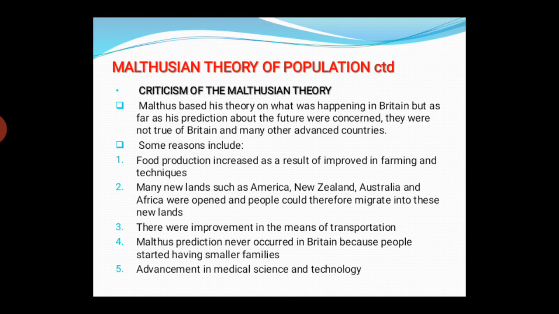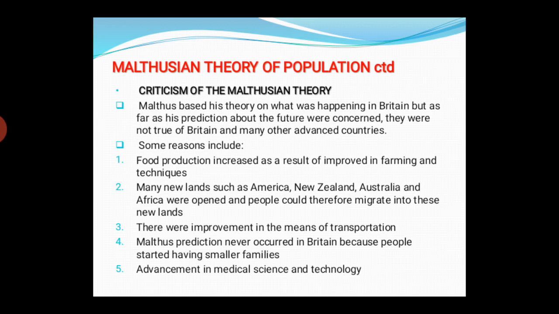One, food production increased as a result of improvement in farming techniques brought about by the Agrarian Revolution. Malthus did not foresee the agrarian revolution, but as a result of it, there came about improvements and innovations in farming techniques.